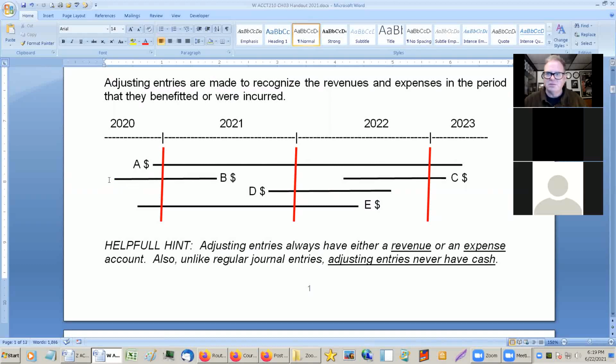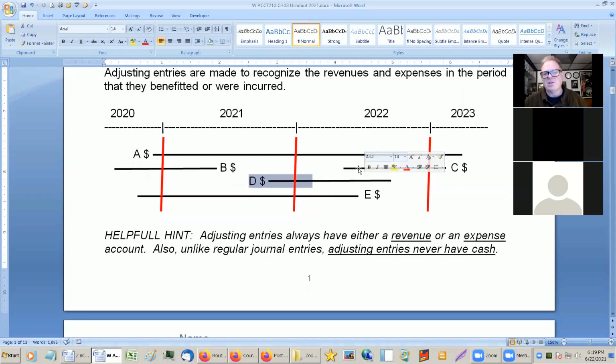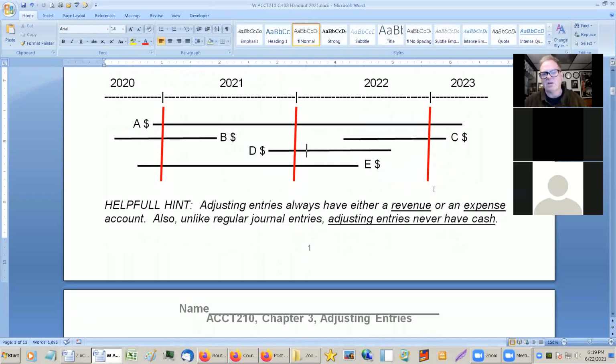Maybe it was a sale. You made a sale in 2020, you didn't get the cash till 2021. You're going to recognize the sale there because that's when you earned it, in 2020, not necessarily when the cash came in. And so if they're at the beginning, it's a deferral. If they're at the end, it's an accrual.